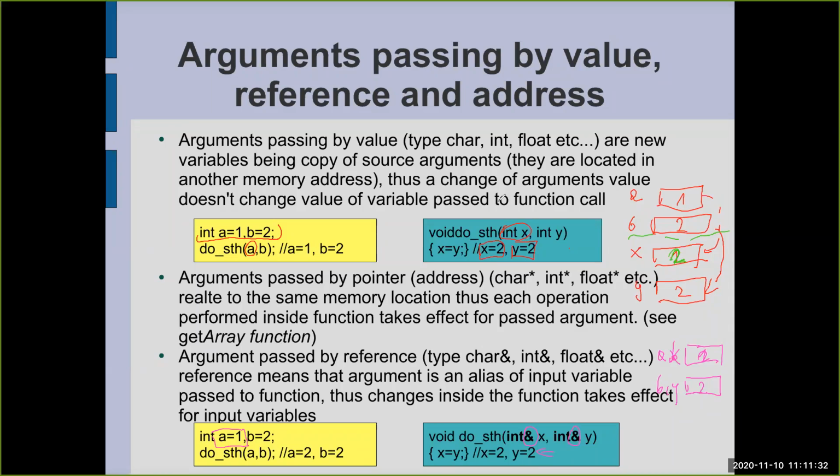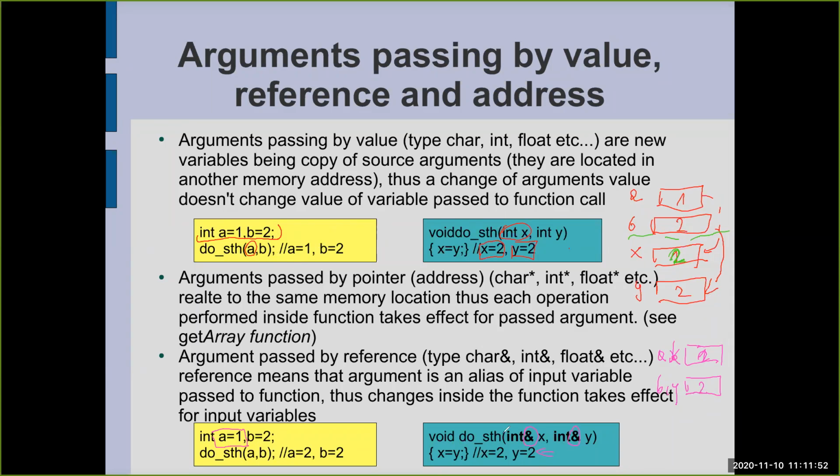So in case of this example, we say that the arguments are passed by value, so they are copied. So the argument is a copy of the original value.